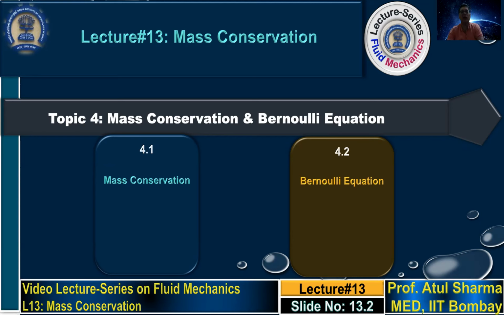This way we'll apply mass conservation to a control volume which is reasonably large, and we do an analysis which is called integral analysis. While applying mass conservation, we will consider the mass flow rate coming in and out of the control volume. Thereafter, we will consider Bernoulli's equation.